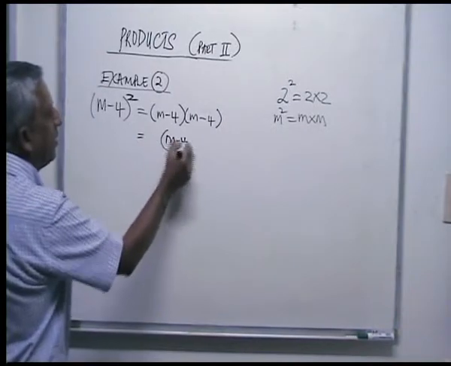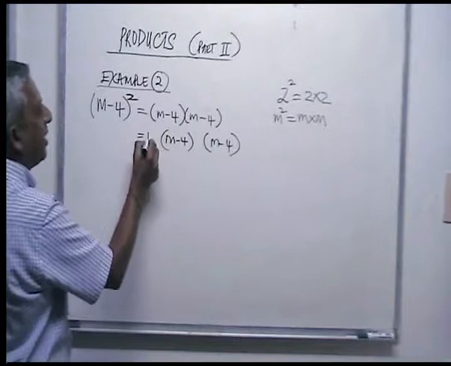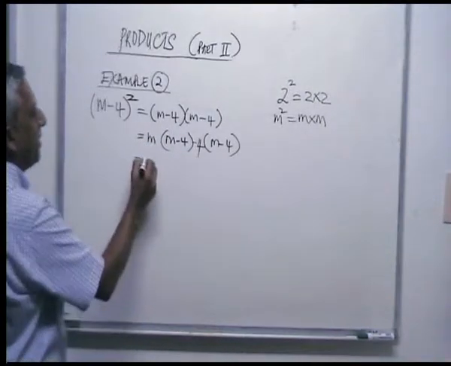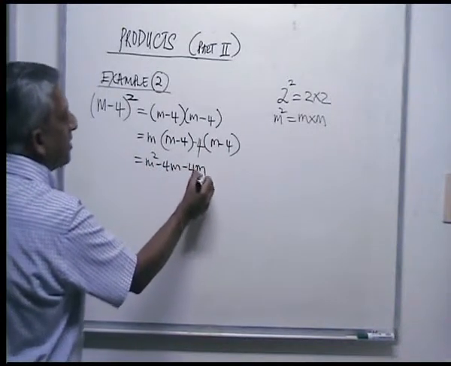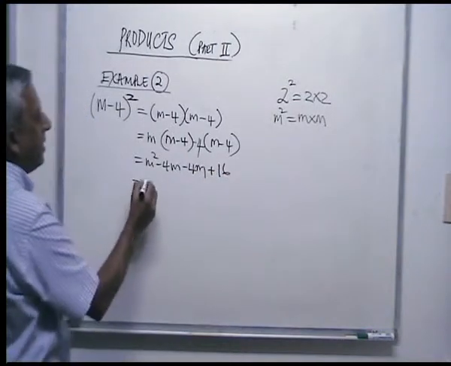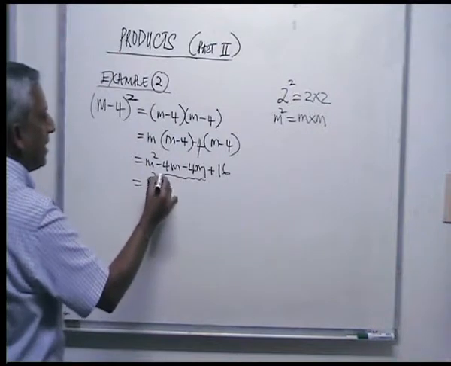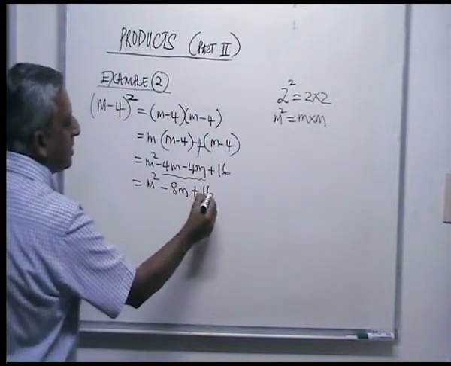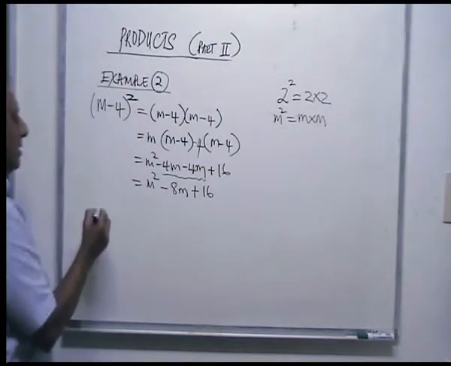Write the second bracket down 2 times. Write down m in the front here, write down minus 4 there. And then you get m squared minus 4m minus 4m plus 16. Then you get m squared, add the like terms up, you get minus 8m plus 16.